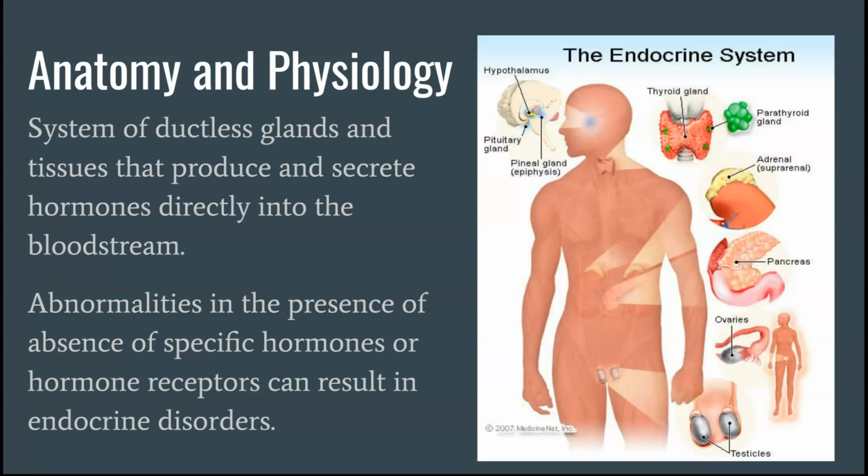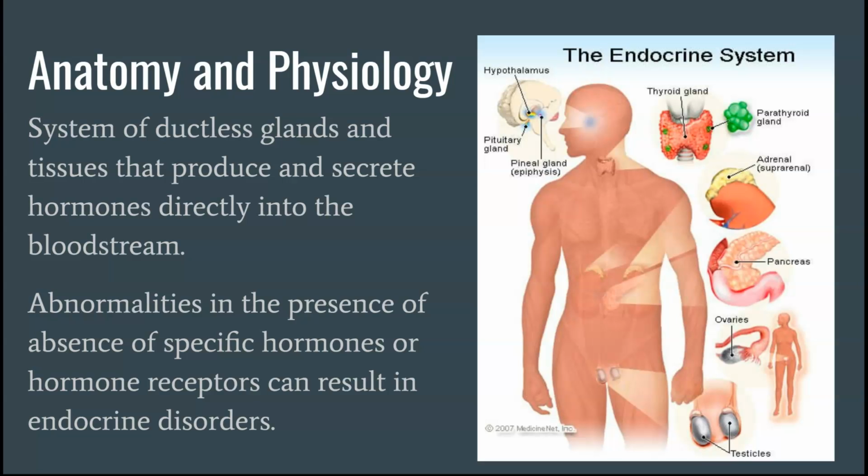So there is an organ somewhere in the body that is producing hormones, and it's being secreted directly into the bloodstream. That's in contrast with an exocrine system, where there are actually ducts that move the hormones from one organ to the other.